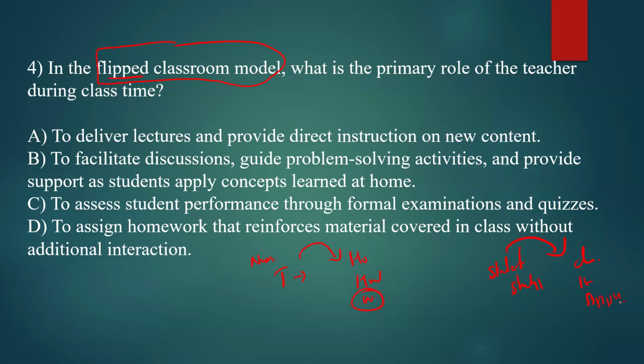All of that happens in the classroom. So these are completely opposite. In one, the teacher takes classes in the classroom and homework is done at home, but in the flipped classroom, students study at home and come to class to do activities.